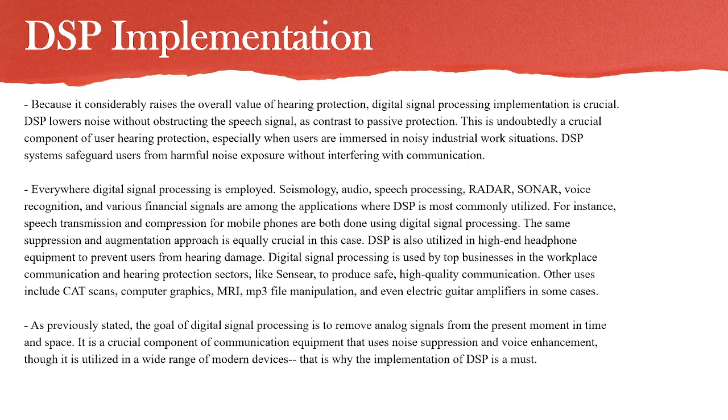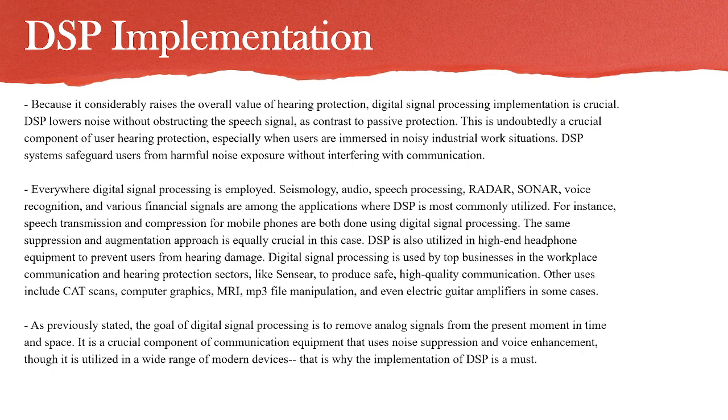For example, the manufacturers of speakers or headphones use DSP to create a technology called noise cancellation, which filters noise so that the output of the speakers or headset is crystal clear. As previously stated, the goal of digital signal processing is to remove analog signals from the present moment in time and space. It is a crucial component of communication equipment that uses noise suppression and voice enhancement, though it is utilized in a wide range of modern devices. This is why the implementation of DSP is a must.